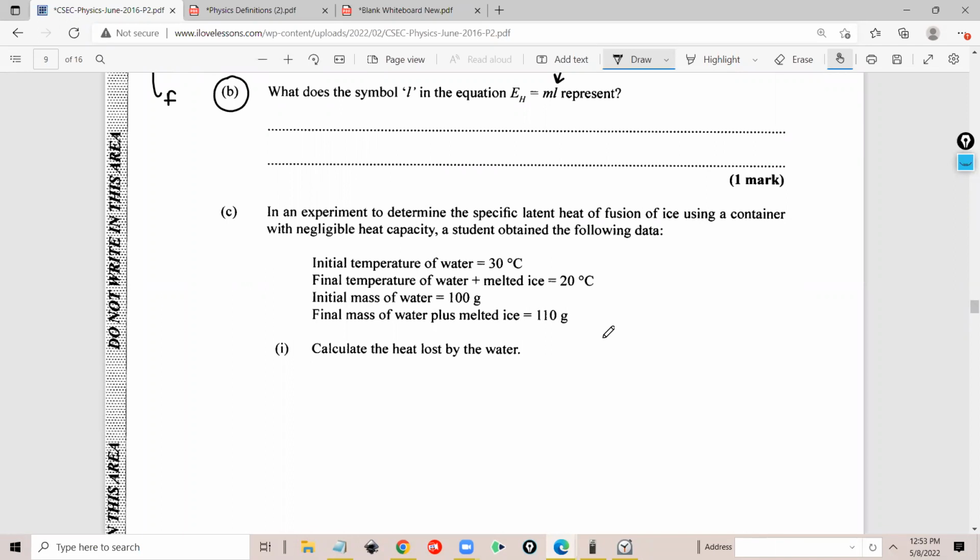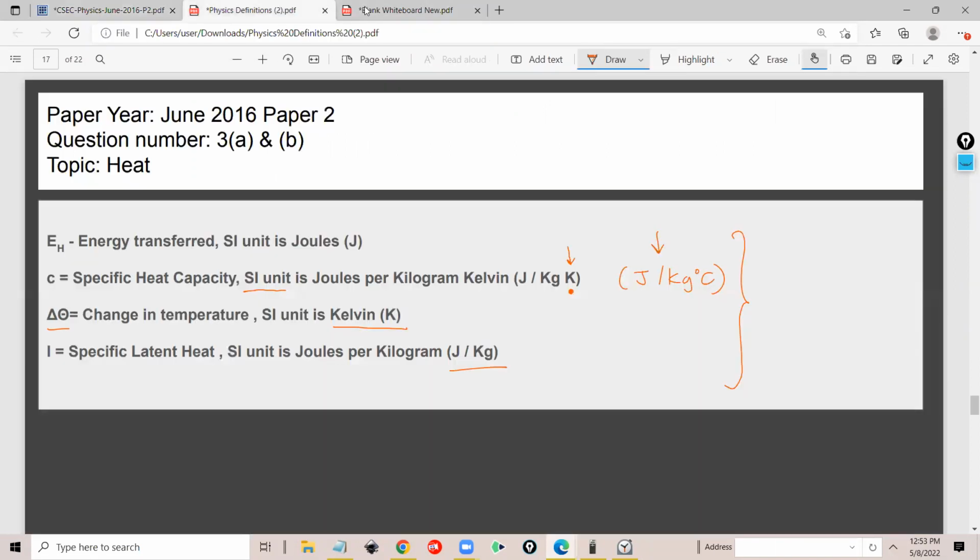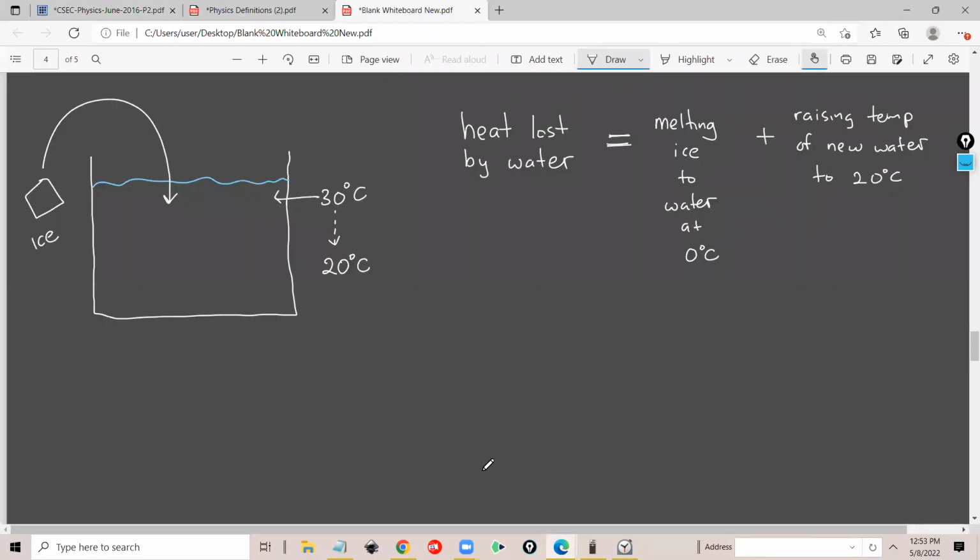So quick question, right? Let me explain what's going on here. I was drawing up the diagram while you were doing the question. You have some ice. You're going to throw it into the water. Now, obviously, ice makes water cooler. So if the initial temperature of the water was 30 degrees Celsius, when you throw the ice in, it's supposed to get a little bit colder.